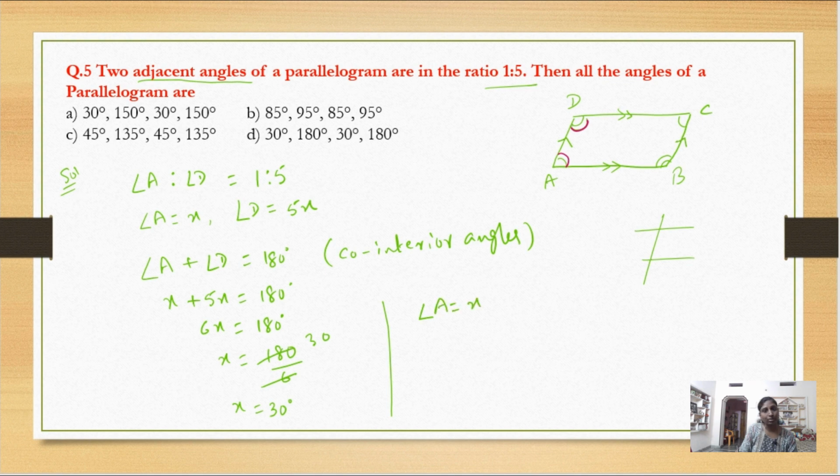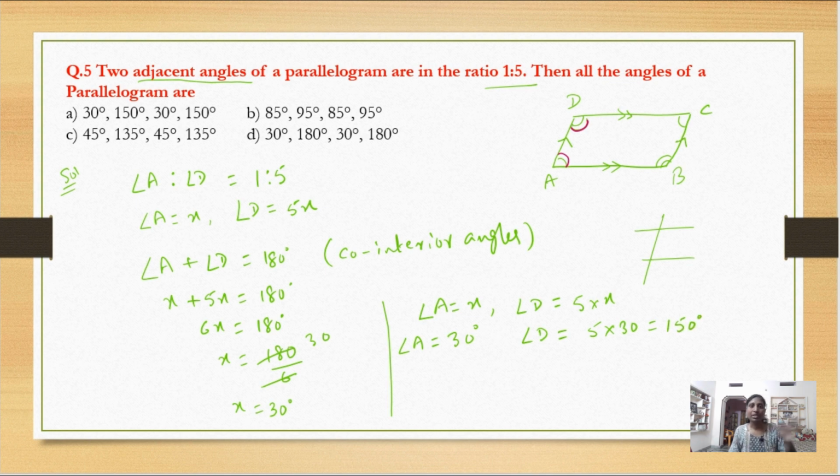Angle A is 30 degrees and angle D is 5 into 30, which means 150 degrees.